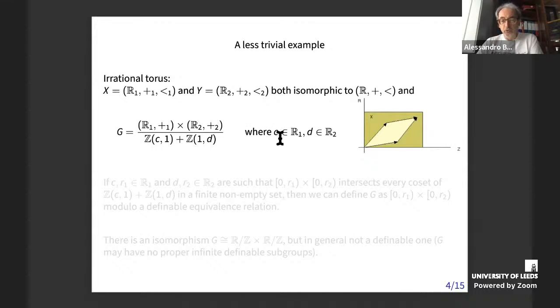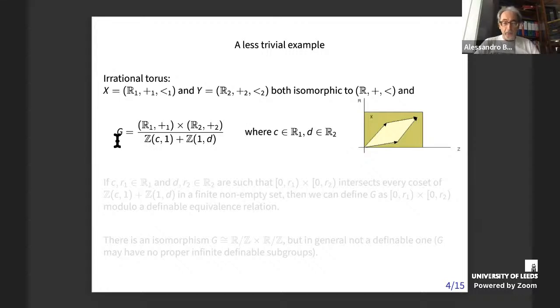And you have to choose the parameters of the lattice in a suitable way. Okay, this group I claim is definable in the two-sorted structure, although the integers are not definable. So the lattice itself is not definable, but this group nevertheless is interpretable.